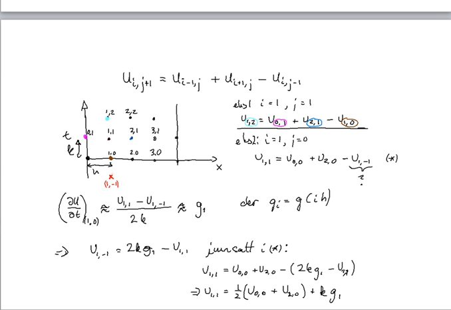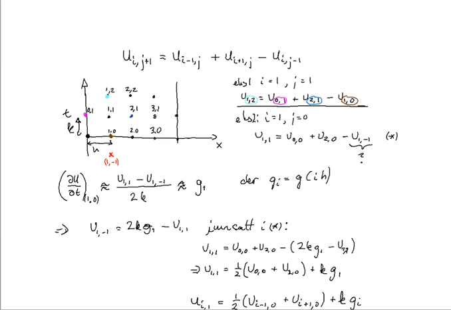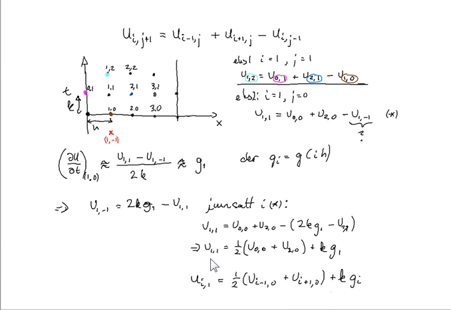So then we have the possibility to find u_{1,1}, and in fact we have the possibility to find u in every one of these points, and in fact it's like this: every point on this row can be written as u_{i,1}.